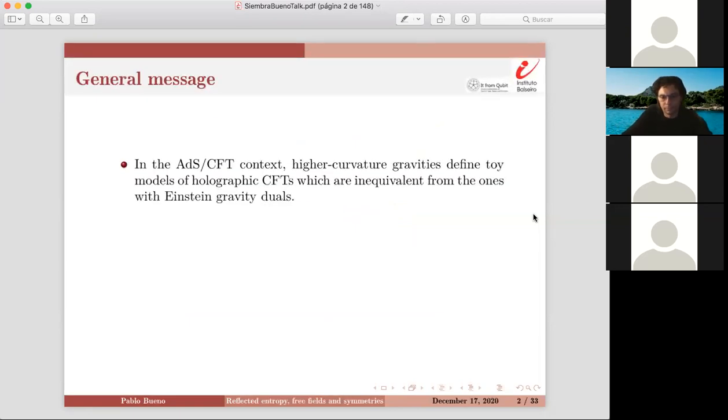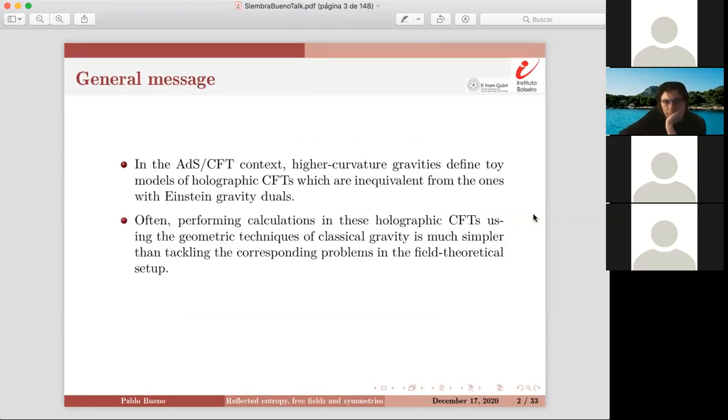So I'm going to start with this preliminary slide, where what I want to say is basically how this works. In the holographic context, these higher curvature gravities define toy models of conformal field theories, which are inequivalent from the ones which Einstein gravity defines.